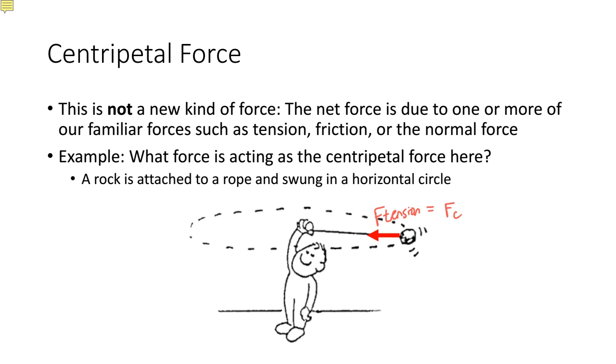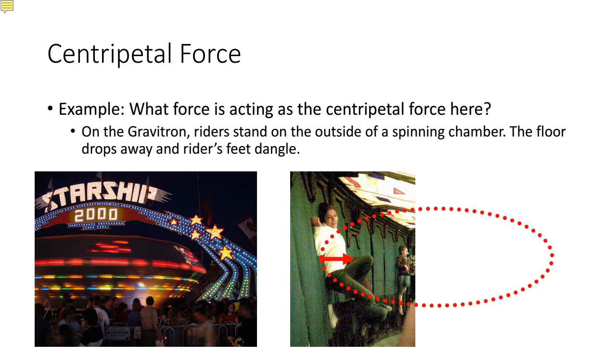Let's try another example. Let's say that you are riding on the gravitron. For me, growing up, this was sometimes called the Starship 2000. It's a carnival ride, and when you walk into the ride, you're placed along this outer carpeted wall, and as the ride starts spinning, the floor drops away and the rider's feet dangle. So if you were going to draw a free body diagram of the rider, you might know that there's a force gravity acting downwards.